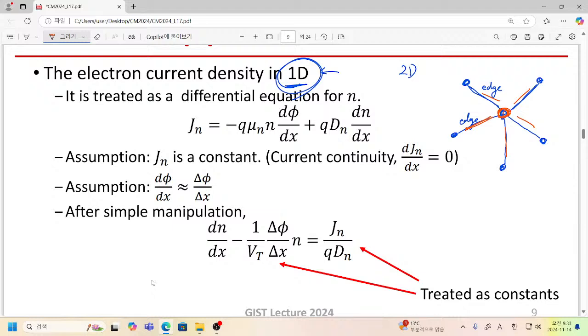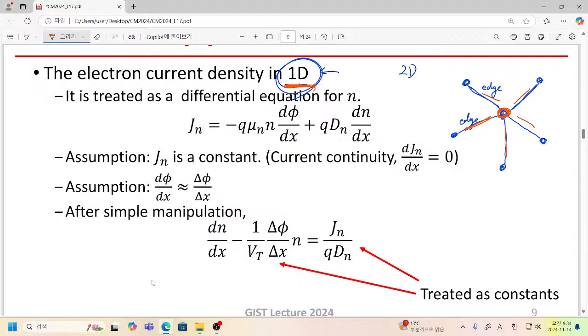So considering only the 1D problem is justified by this directional decomposition. Although we are considering 2D or 3D, we just calculate the edge-wise carrier transport.